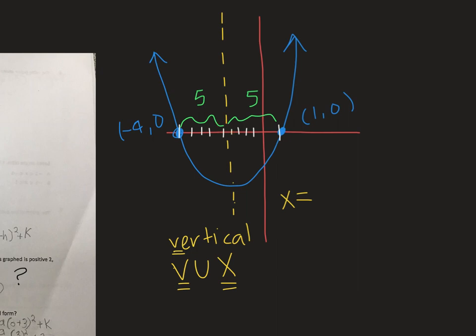Sorry, I didn't draw this perfectly to scale, but that would be at -4. This would be at -4. (-4, 0) is that point. And of course, the vertical line is x equals, and then you just look at that point right there. x = -4.